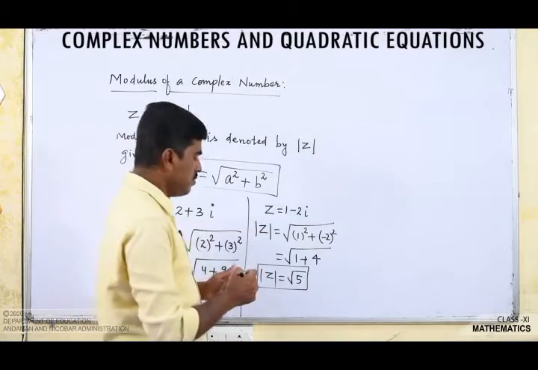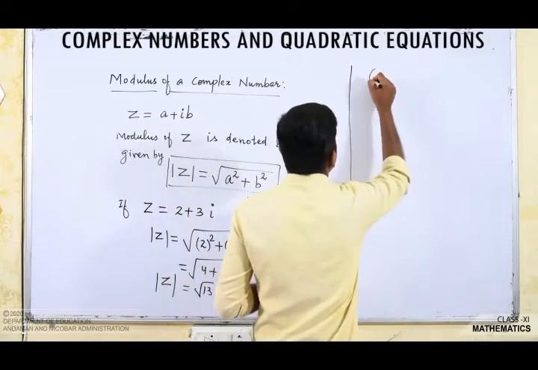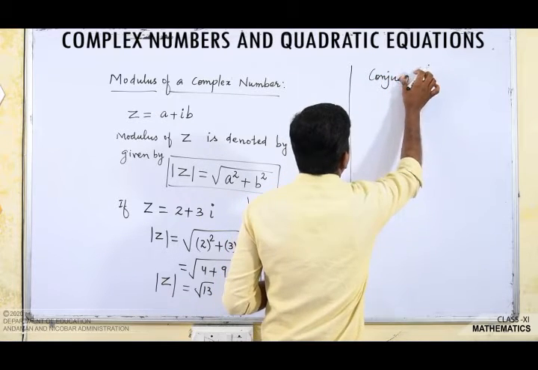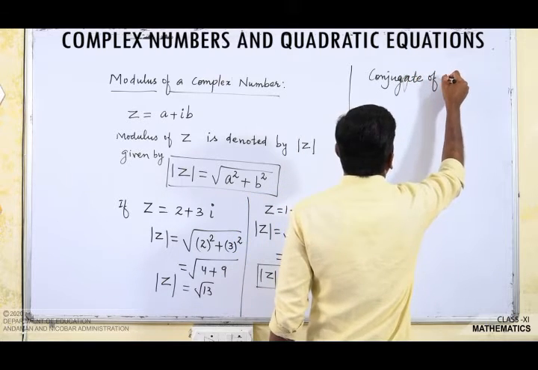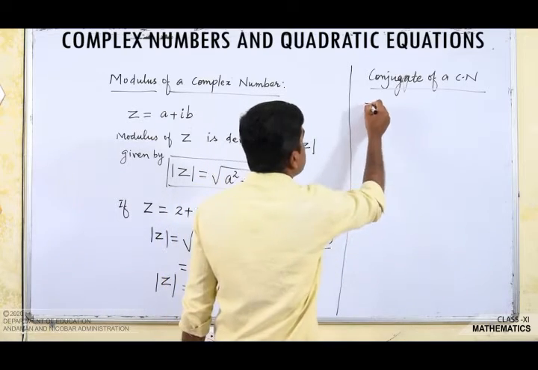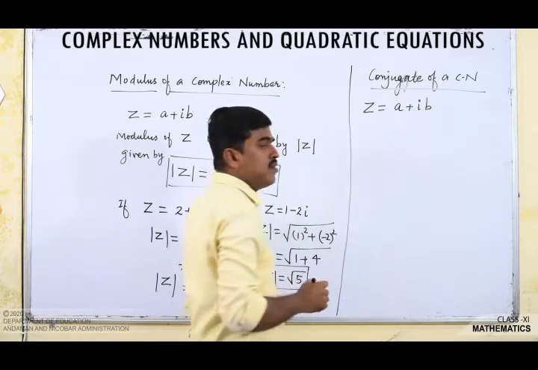Clear? Now next we will discuss what is meant by the conjugate of a complex number. Suppose z is equal to a plus ib be a complex number.